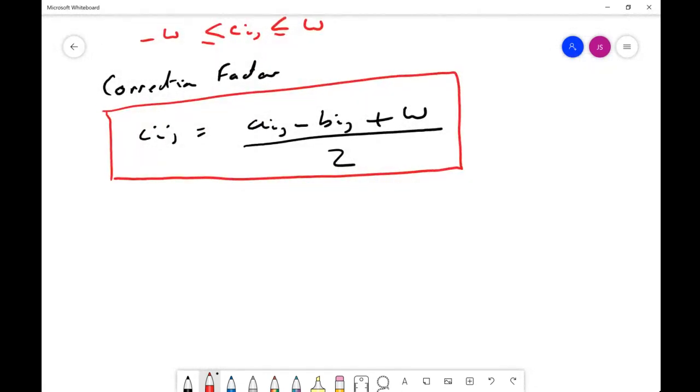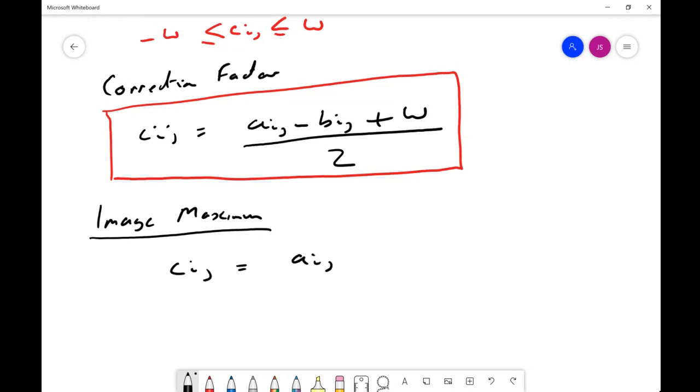Right, a couple more dyadic operators. Image maximum. This is a way of combining images, and it is Cij equals Aij if Aij is greater than Bij, else it equals Bij if Bij is greater than Aij.